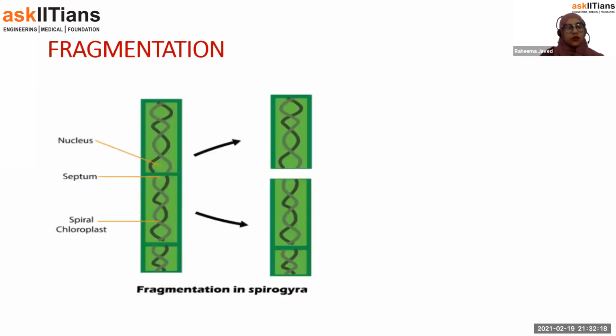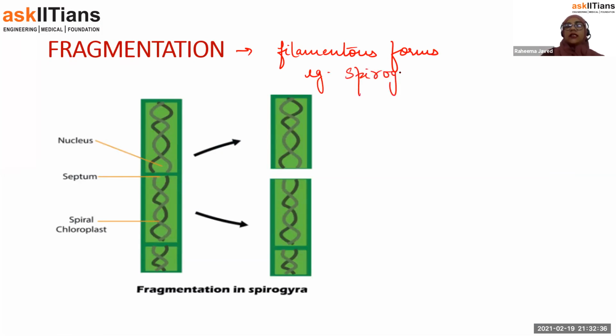But let's continue with the next process, that is fragmentation. Fragmentation only takes place in filamentous forms like algae, and one such green algae is Spirogyra.